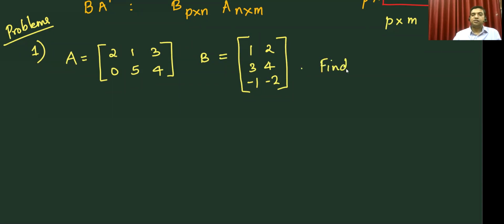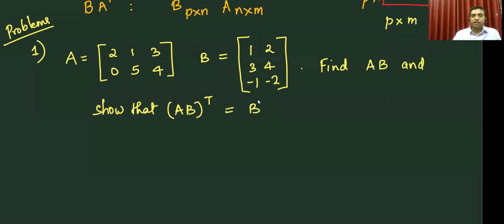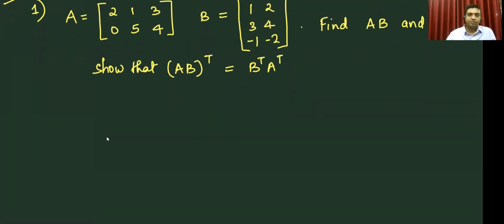Okay, this is the question. Find AB, and show that AB whole transpose is equal to B transpose A transpose. So let us find AB.